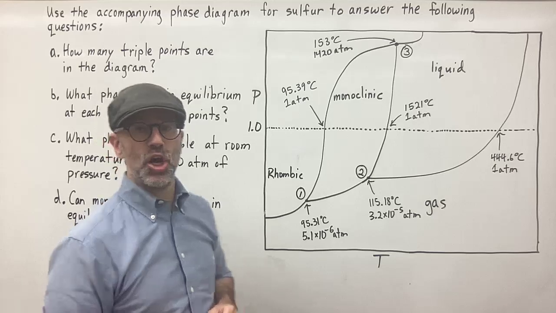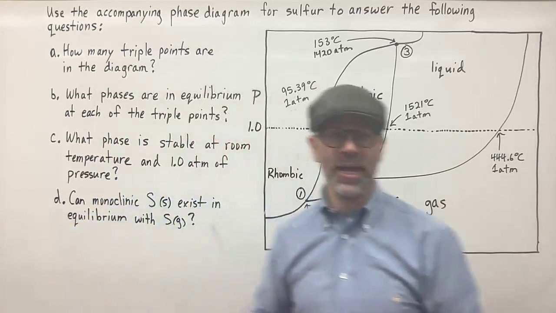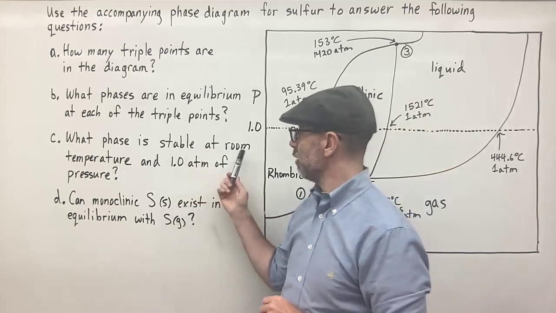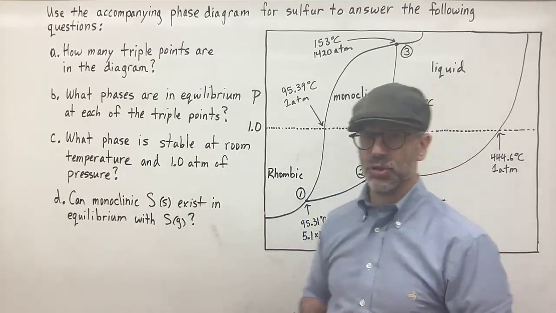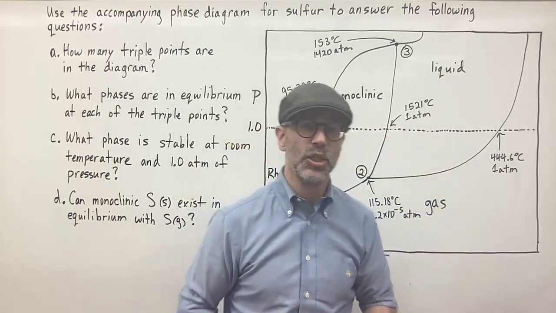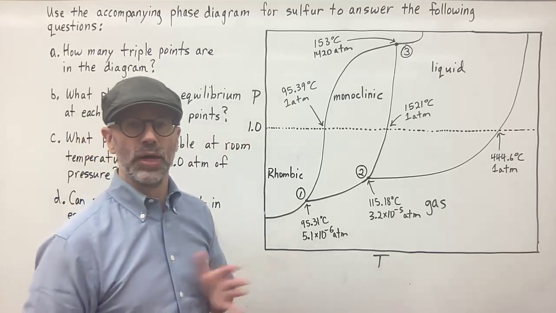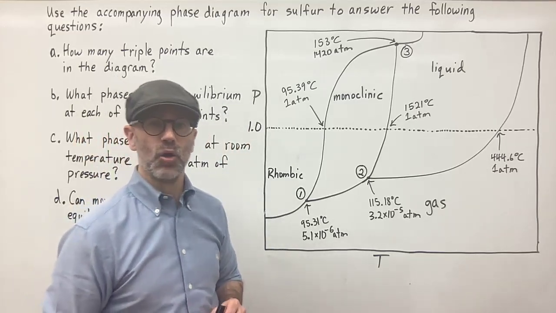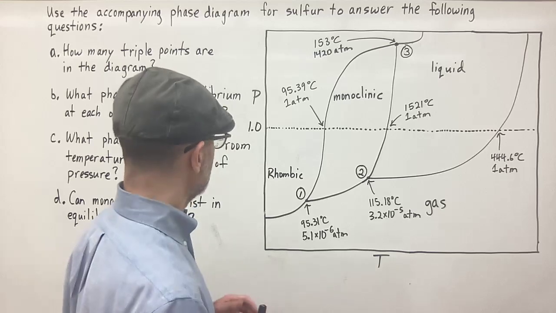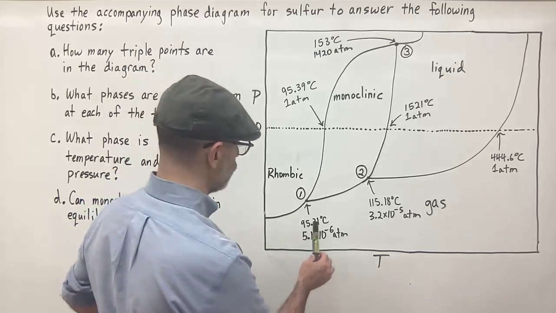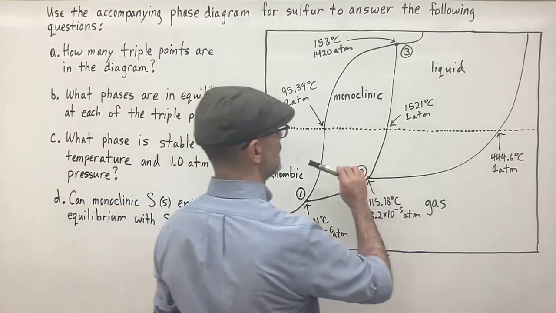And we want to know what phase is stable at room temperature. Well, what is room temperature? Room temperature is 25 degrees Celsius. And so we want to say, okay, what temperature is around 25 degrees Celsius? You could look at the temperatures here to give you an idea.